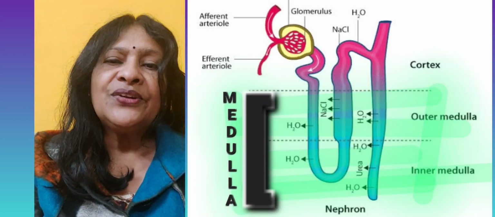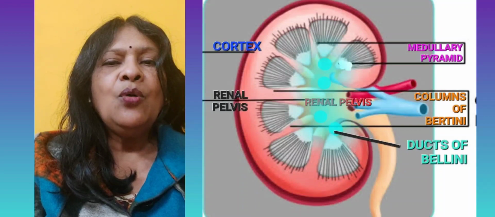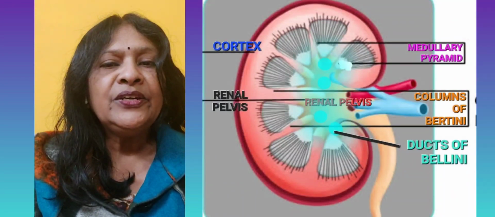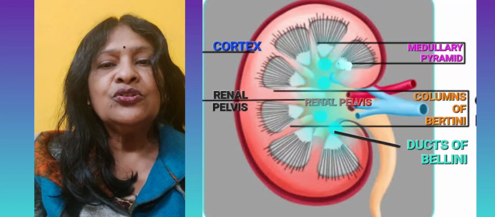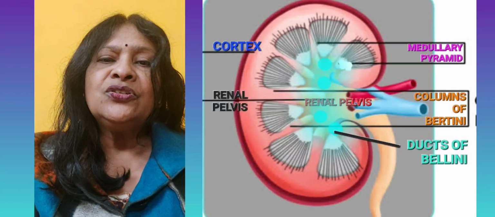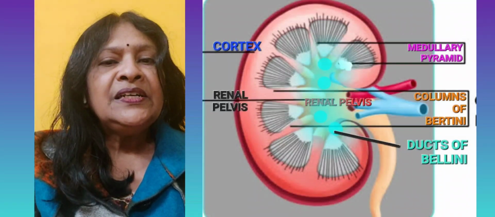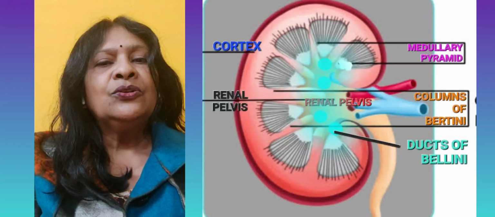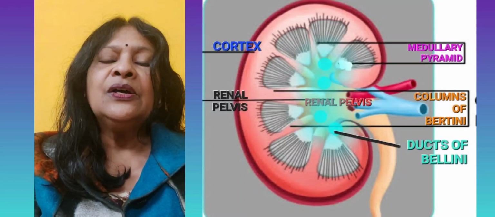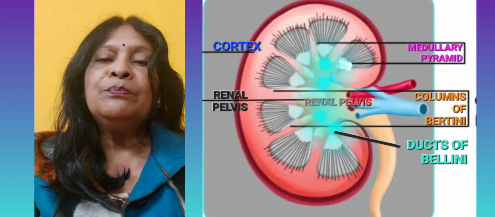But these thin thread-like structures, how will they be placed so safely without falling into knots? That is also to be seen. For this we have extensions of the renal cortex through the medulla, and these are called the columns of Bertini.